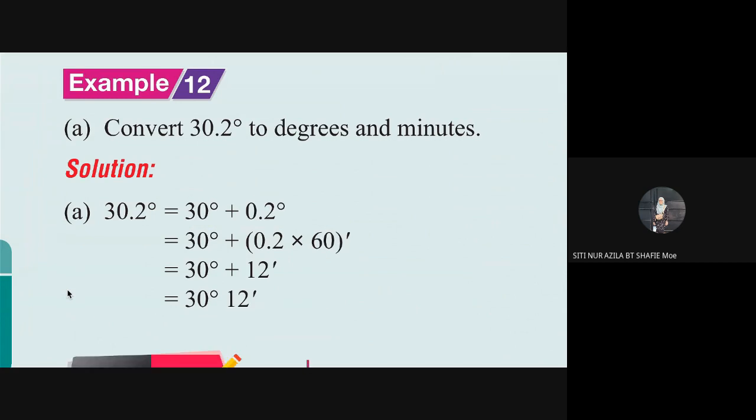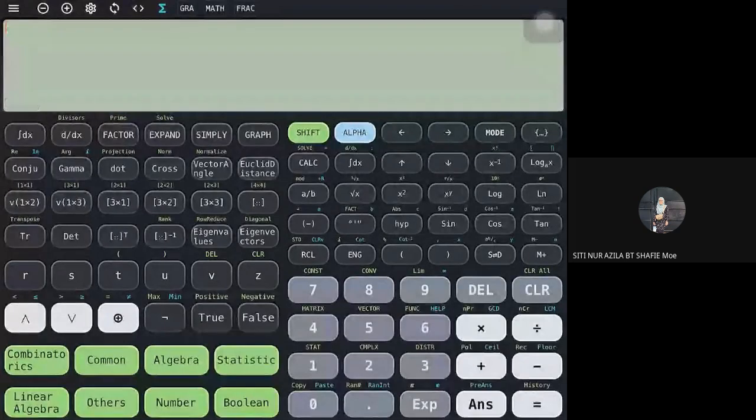What if you want to convert that using your calculator, by using this button? Now, from your calculator, just press 30.2. No need to use the button yet. Press the equal sign first. After pressing the equal sign, then you press the degrees, minutes, and seconds button.